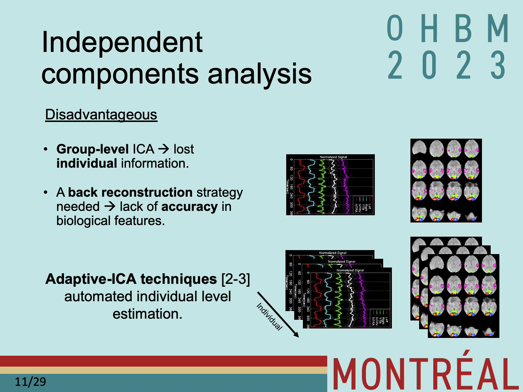To solve this issue, adaptive ICA methods have been proposed, which identify spatial maps and corresponding time courses at the individual level rather than the group level. There are a bunch of methods that have been worked on in this area. So we are going to introduce one of the common methods in the next slide.